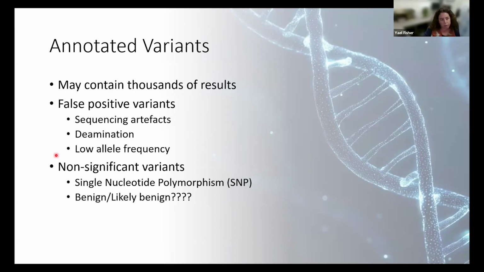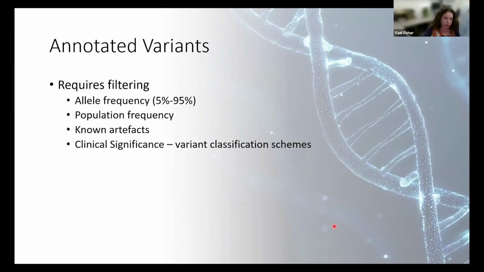Other variants might be true variants, but without any clinical significance, like single nucleotide polymorphisms, or variants that are benign or likely benign. So these types of files, the annotated variants files, still require filtering.